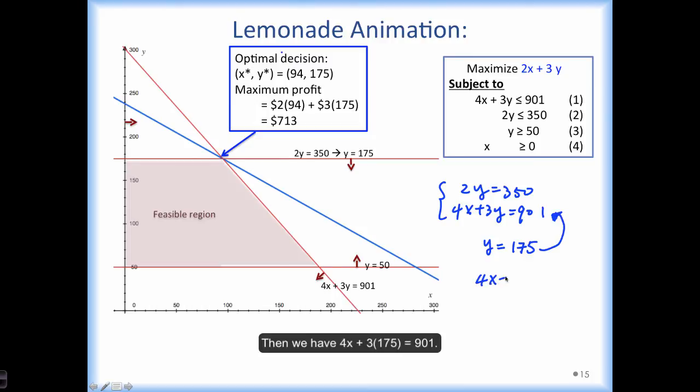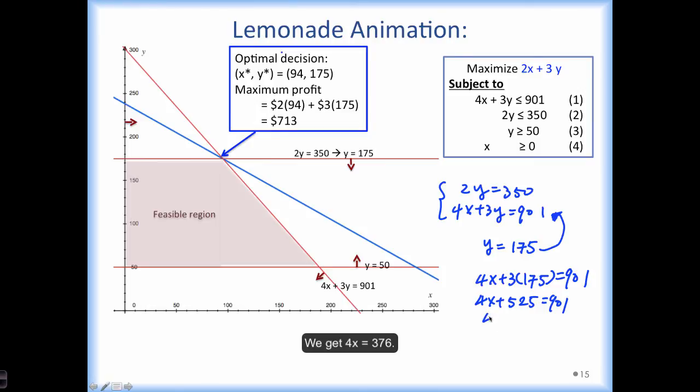Then we have 4x plus 3 times 175 equal to 901. Simplify the equation, we have 4x plus 525 equal to 901. Subtract 525 from both sides. We get 4x equal to 376.